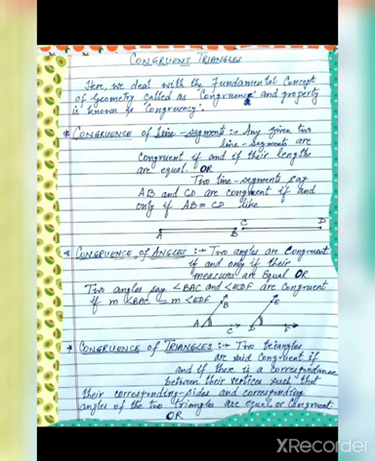Congruence of angles, how? Two angles are congruent if and only if their measures are equal. Again, with the help of a protractor, suppose you check the measurement of the angles. When they come equal in measurement, then we say the angles are also congruent.